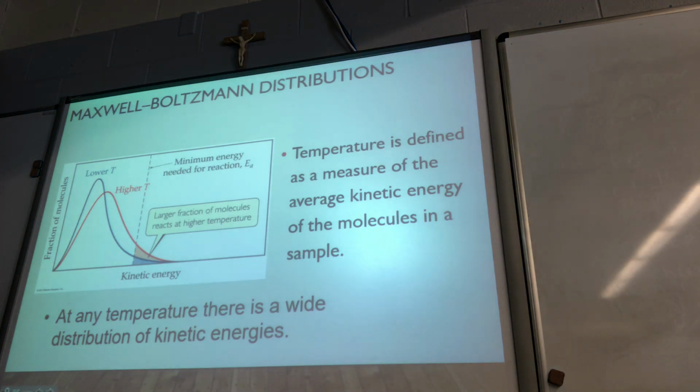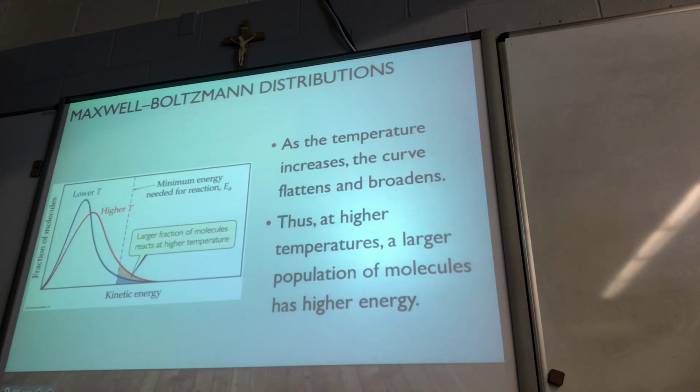Really what we're getting at is that at any temperature, molecules have all different kinetic energies. When we increase temperature, more molecules get more kinetic energy, and fewer molecules have that smaller amount. That's the big takeaway from Maxwell-Boltzmann.